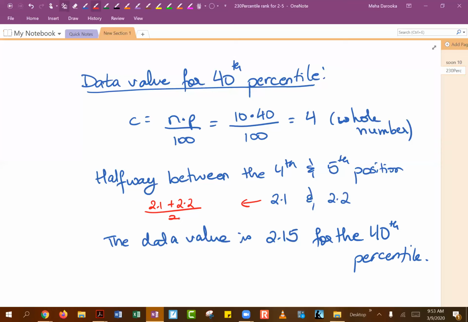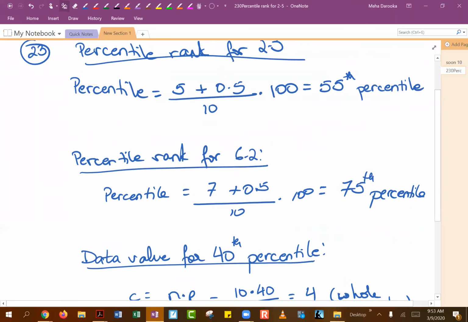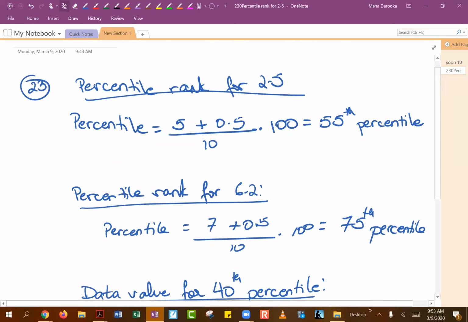If this number C had come out to be a decimal, you would have just rounded it up to one decimal place and then counted that position. So 2 distinct calculations depending on what your C value comes out to be. Okay. Are we comfortable in finding the percentile when the data value is given to you, which was those first 2 examples? Any questions on that part?